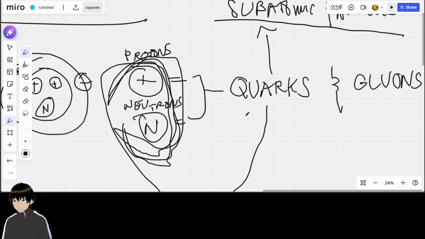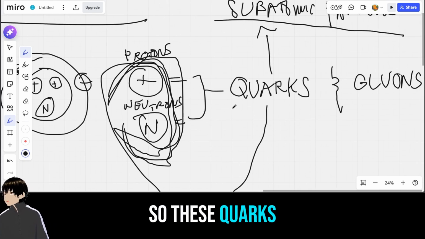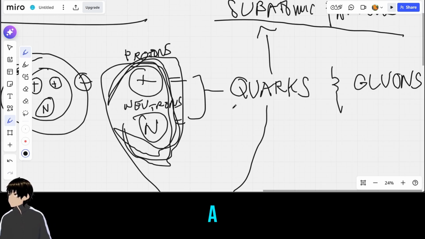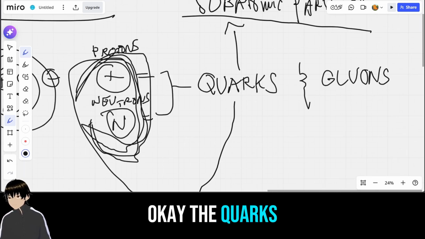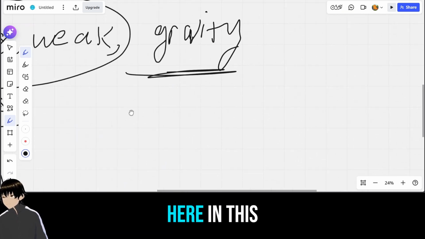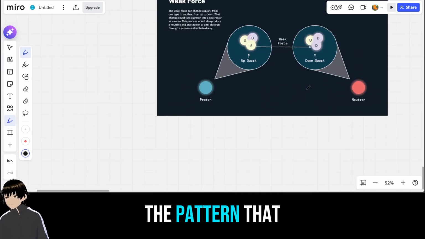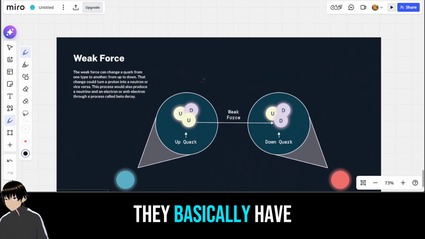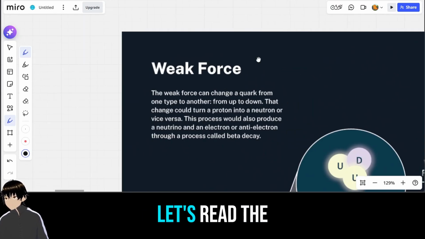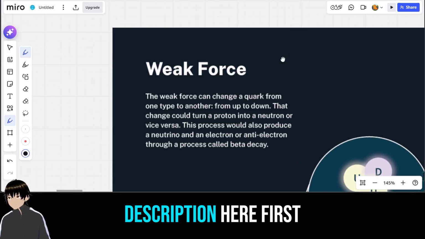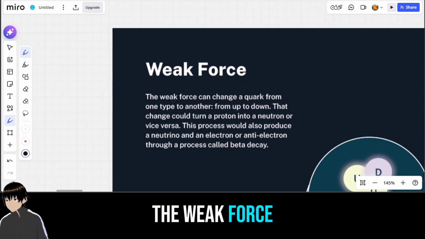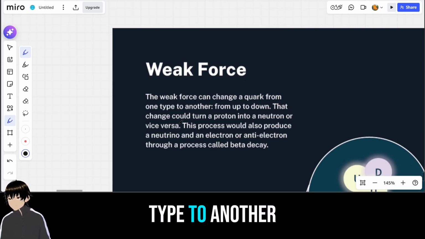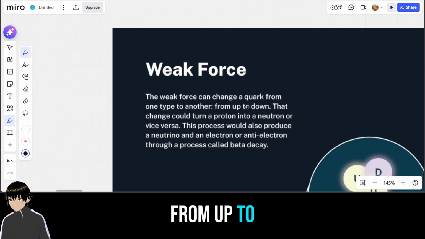Okay. So these quarks follow a certain pattern. We can see here in this illustration the pattern that they basically have. So let's read the description here first. Weak force. The weak force can change a quark from one type to another, from up to down.